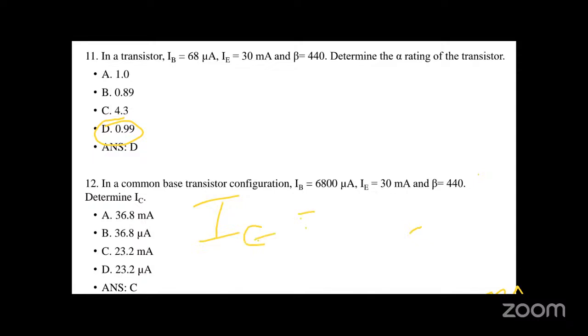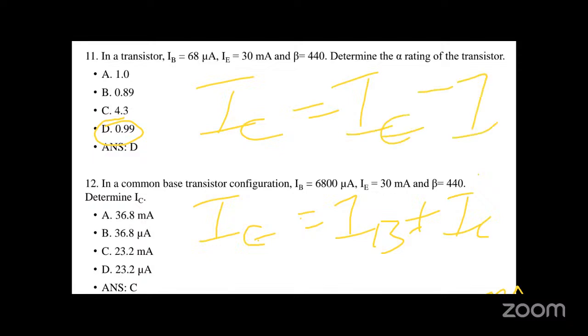IE is equal to IB plus IC. IE is given, IB is given. So to get IC, that will be IE minus IB. So that will give us the right answer. IE is 30.